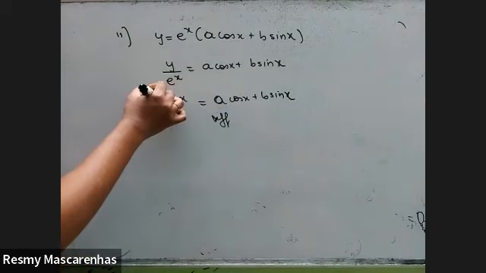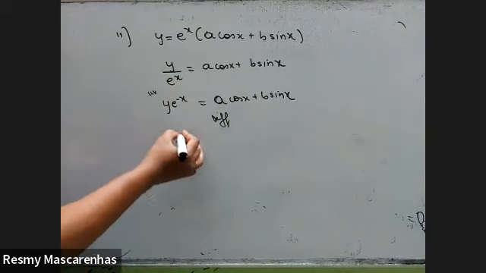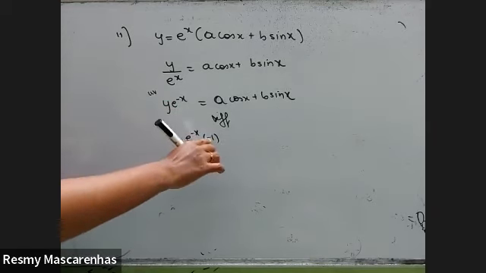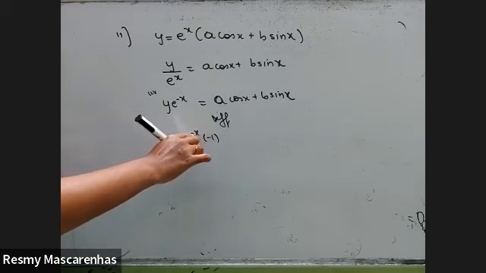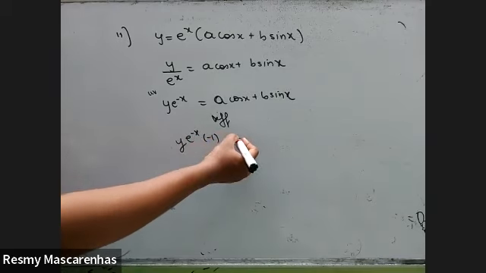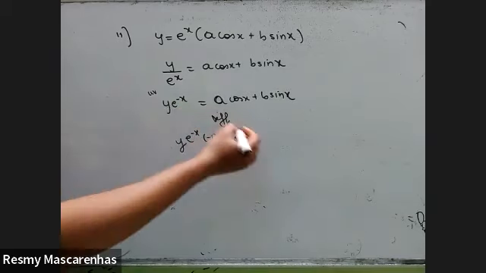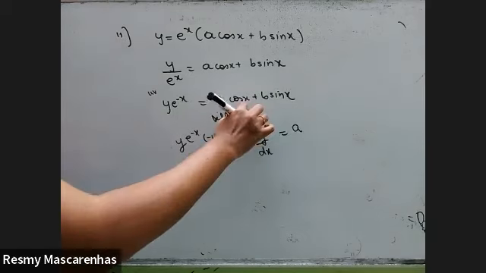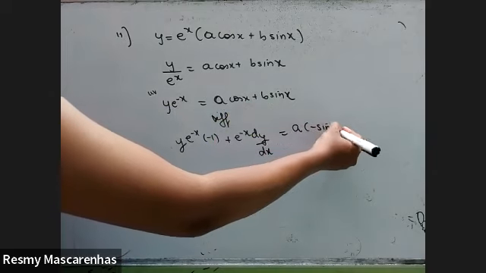This is u into v rule. U into derivative e raised to minus x is e raised to minus x into extra minus 1 because coefficient of x is minus, plus v into derivative of u. Derivative of cos x is minus sin x.